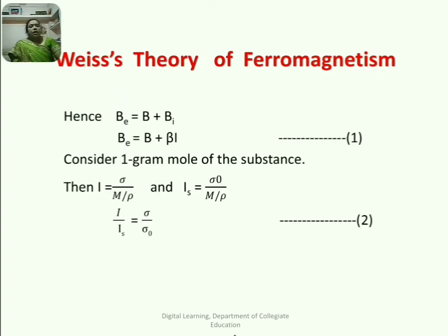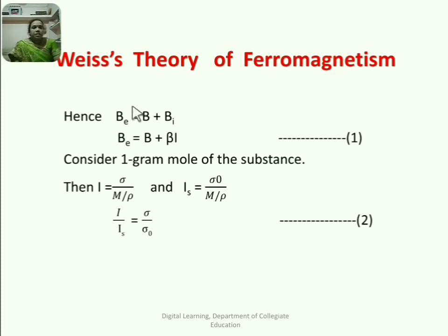Okay, the effective field strength Be is also expressed as the vector sum of the external applied field strength B and the internal molecular field strength Bi.